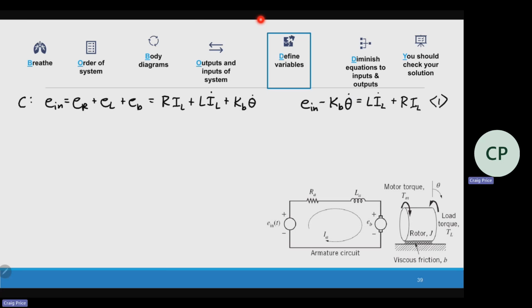That's equation number 1. My output is over here, the current. And the current is related to the difference between the input voltage and the back EMF voltage. The faster it spins, the less current I'm going to have. It's going to change how it flows.